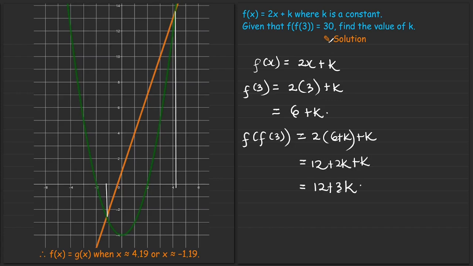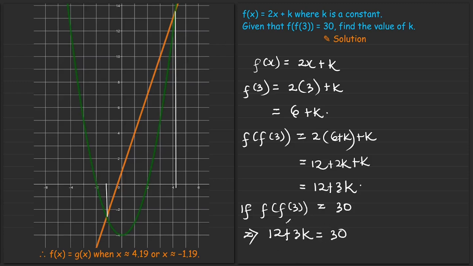But take note, from the question, we were told that f of f of 3 is equal to what? 30. So if f of f of 3 is equal to 30, then it implies that this we have solved here is also equal to what? 30. So that is to say 12 plus 3k is also equal to 30.